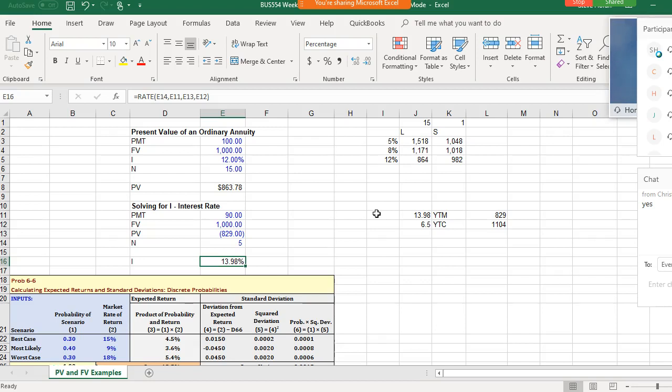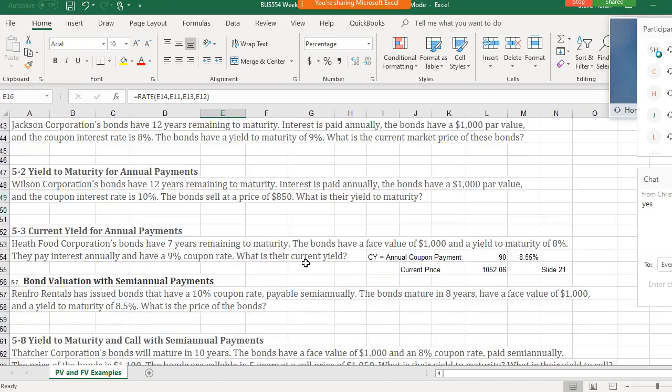Yes, 1,000 times yes, right? Because if I believe the required return is 12% and at the price of $829 it actually earned almost 14%, I'd say yes, I want to own those bonds, and yes, I would buy those bonds. Okay, so that's part of the reasoning and why you would do this kind of calculation. Okay, and then we'll do question 11.